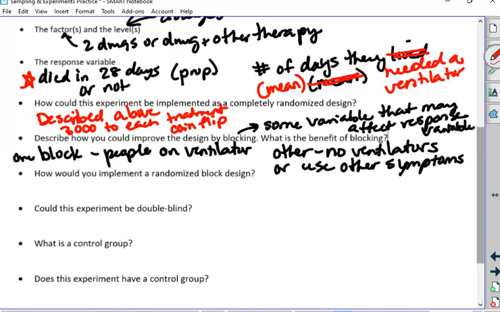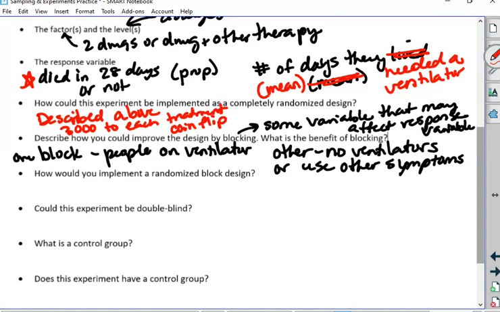It's just that you can't cherry pick and say, this person looks really sick, we better put them on the medicine, this one looks like the last, we'll put them on the standard treatment. Otherwise, you have created some bias. And you even could do it systematically. You could just say every other person that comes in, the first person gets this, the next person gets that, and just go back and forth, as long as the people are coming in in random sort of order.